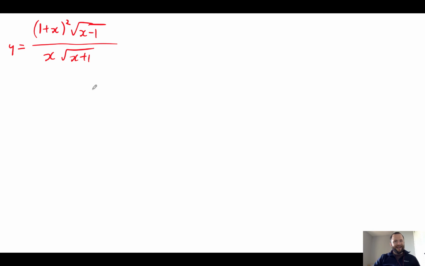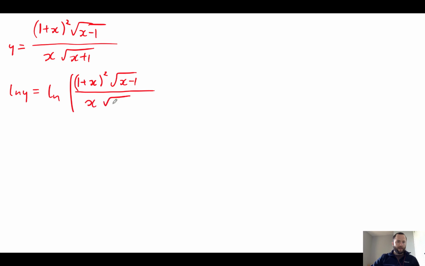Now I know that I can take logarithm of both sides, natural log even, so ln of y is the same as ln of this whole expression. So that's ln of 1 plus x, all that squared, square root of x minus 1, all that divided by x, root x plus 1. And if I recall our logarithm laws, I can expand this.